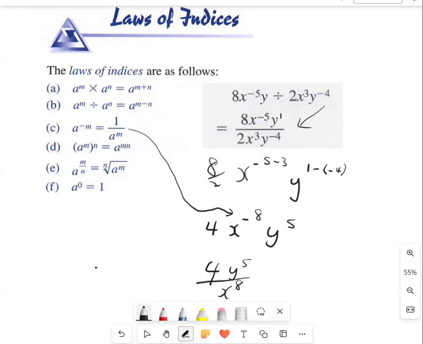If I want to write that differently, this is 4 multiplied by 1 over x to the 8th, multiplied by y to the 5th power, right?